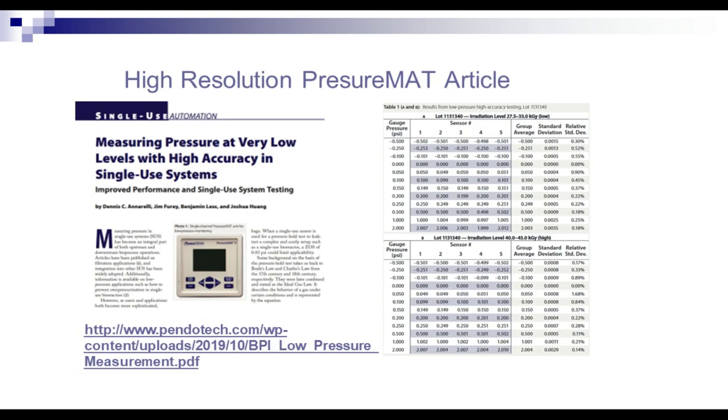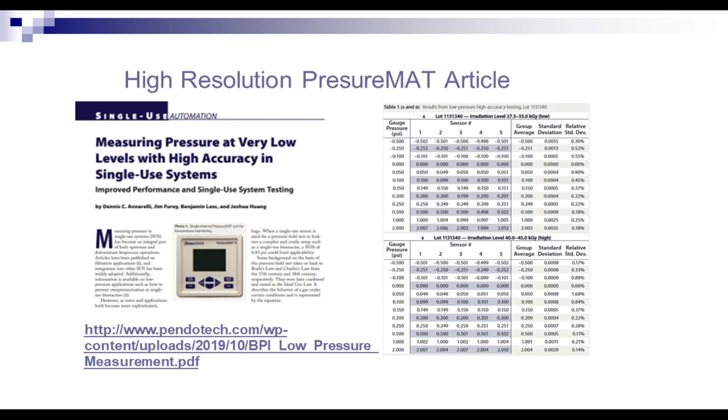The high resolution pressure mat was evaluated pretty well in this article that we have posted on our website. The link is below, and this was determining basically the level of accuracy that the high resolution monitor is able to display.